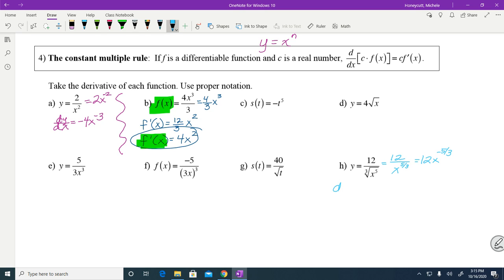So when I go to find the derivative, dy dx, I'm going to multiply negative 5/3 times 12. Get negative 20 x, and then I'm going to subtract 1 from negative 5/3. I get negative 8/3.